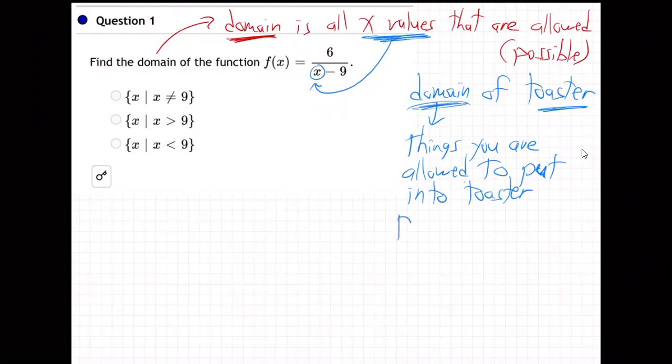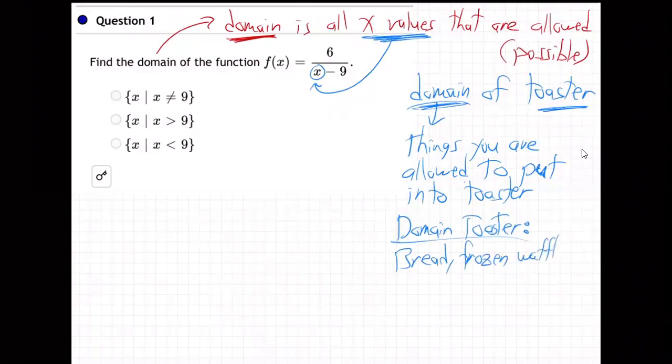So what would be in the domain of the toaster? Well, it's whatever you're allowed to put in. So you can put in bread, you can put in frozen waffles, etc. Not knives. You shouldn't put knives into the toaster.